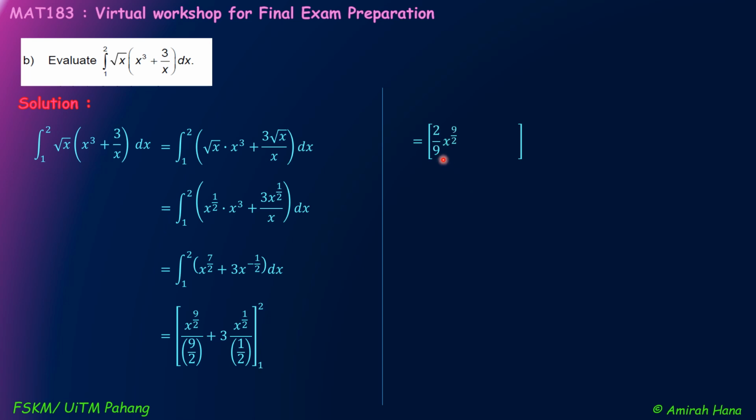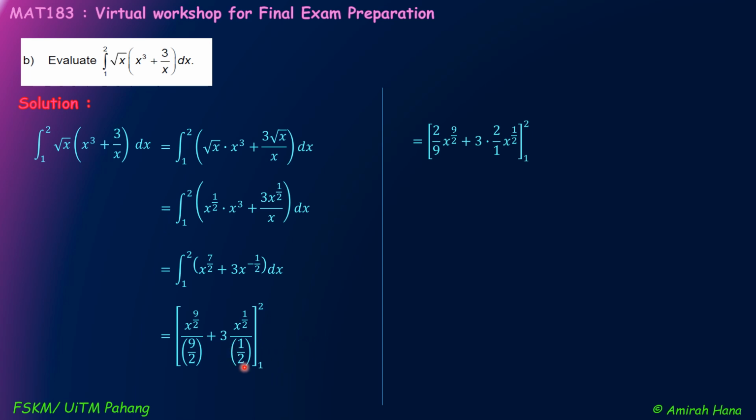After that, we can simplify. Dividing by 9 over 2, we change to multiplication, so we just exchange the numerator and denominator here. So we get 2 over 9 times x to the power of 9 over 2, plus 3, and then we change dividing by half to multiplication by 2 over 3.